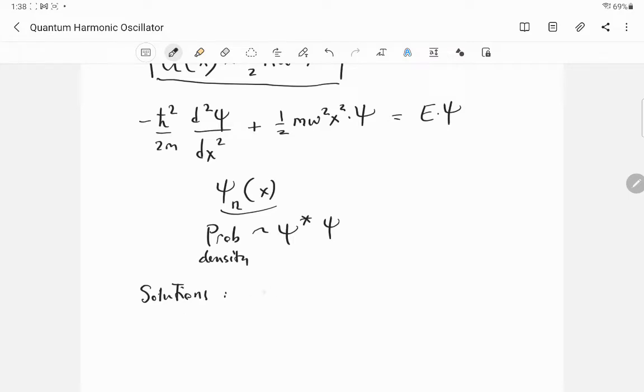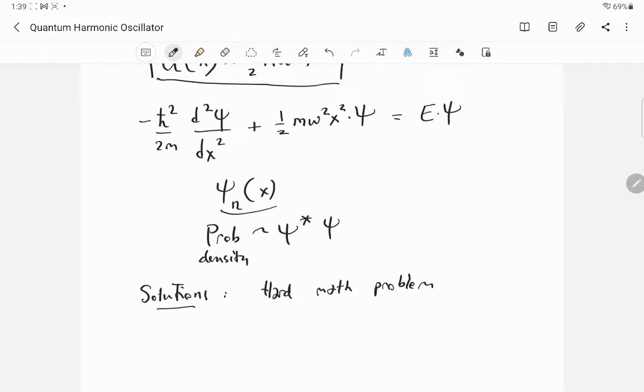So this actually is a hard math problem. Solving this pretty interesting looking differential equation is more appropriate to do in a more advanced physics class. But these solutions do exist, and lots of people have figured out what the answer is.